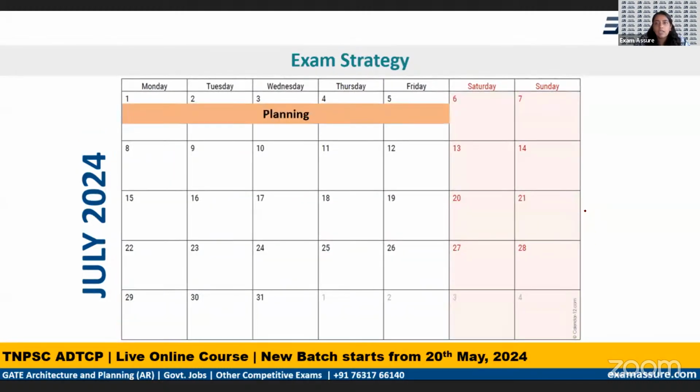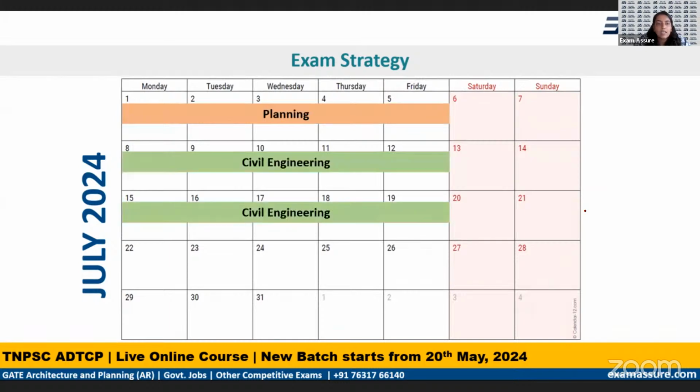Coming to July, you can take another week of July also for planning, and then the next 2 weeks, that is from 8th to 19th of July, you can focus on your civil engineering part and give 1 week for architecture, which is more than enough, because if you see here, you only need to know basics of environment, urban design, or landscape, etc. Right?